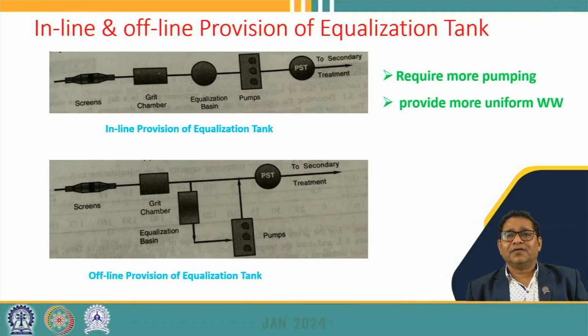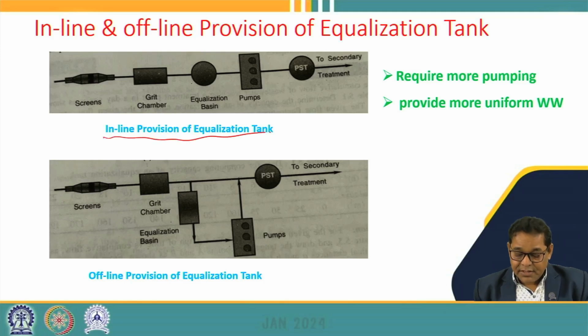These are the types of equalization tank. We can classify them broadly as inline arrangement and offline arrangement. In an inline arrangement, the tank is provided within the line, in continuous mode.